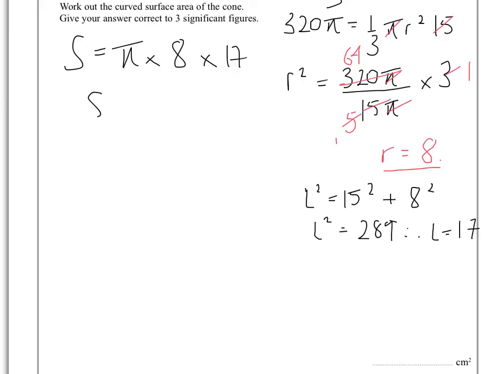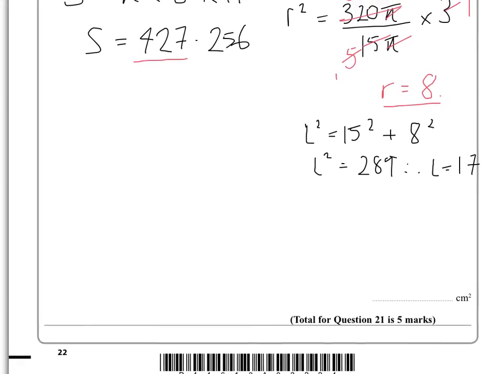That means that S equals 427.256, and it asks for the answer to 3 significant figures, so that is essentially to there. So the answer is 427.